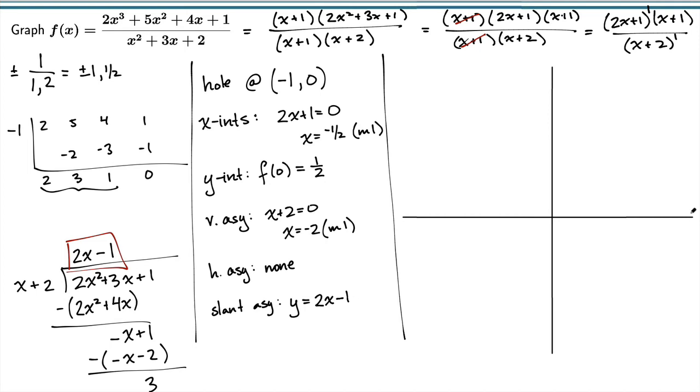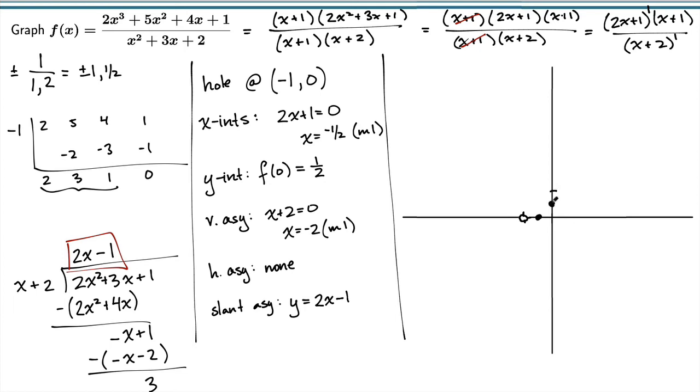And we start plotting the things that we know. We know we have an x-intercept at negative 1/2. We also know we have a hole at negative 1, 0. So that's right here. Okay, that's my hole at negative 1, 0. The y-intercept is at 0, 1/2.